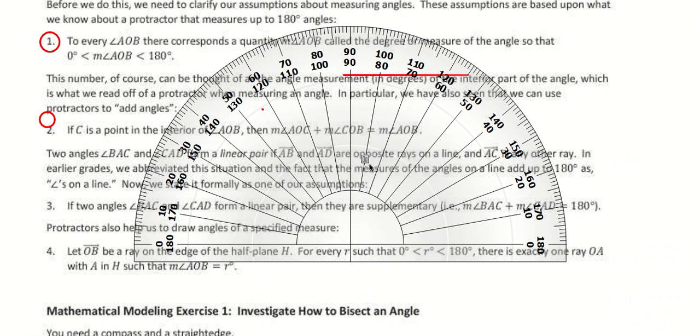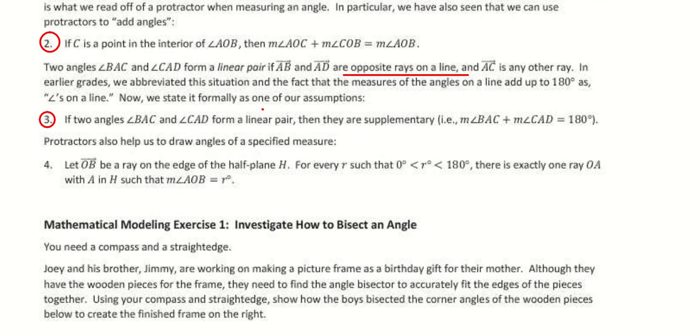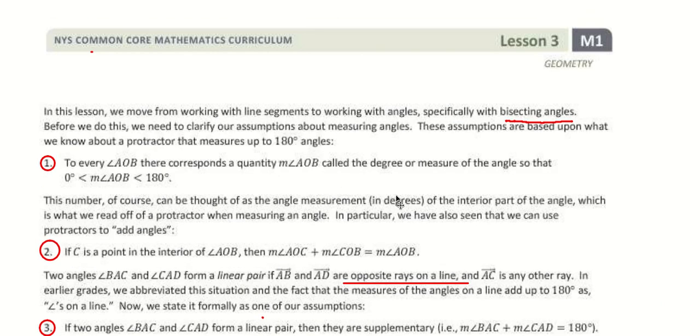And so somewhere between those degrees, the degree measure of angle AOB is going to be between 0 and 180 degrees. So 0 degrees means it's just a ray, and 180 means it's a straight line, okay? Now, if C is some point on the interior of angle AOB.